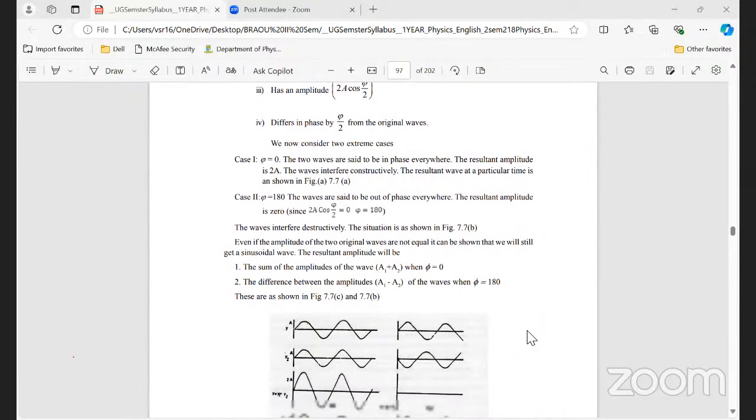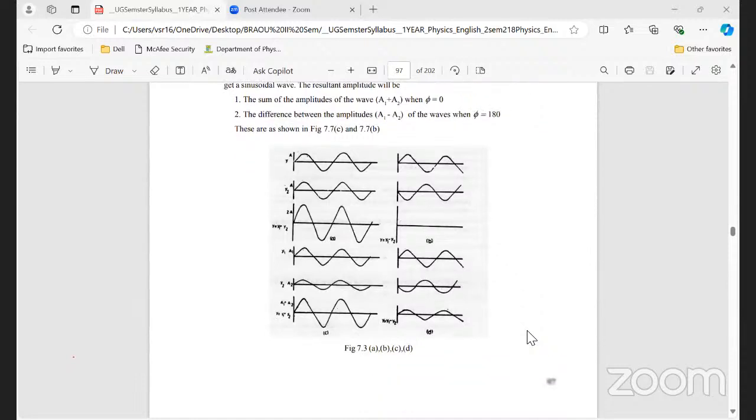That means the resultant amplitude is the sum of the amplitudes of these two waves, A1 plus A2, which is constructive. That means you can get the maximum amplitude when the phi value is 0.